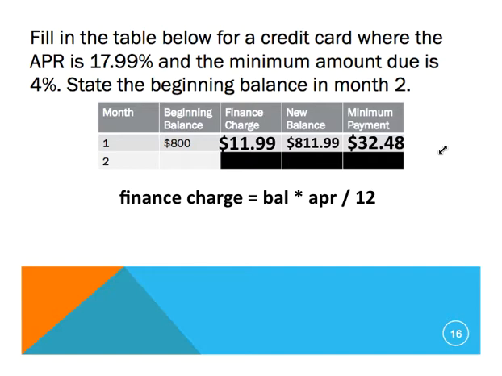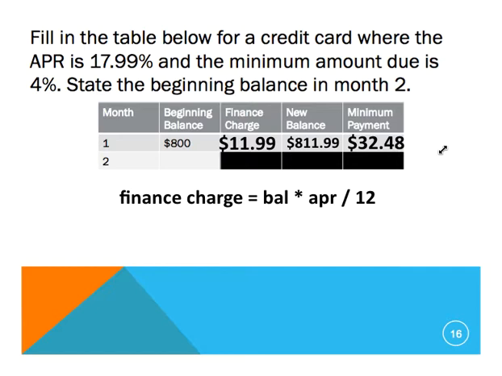So unless I pay my entire balance in full, my new balance is going to be $811.99. And then I calculate my minimum payment by taking the $811.99 and multiplying by the 0.04, since I'd have to pay 4% of my balance, and I get my $32.48.